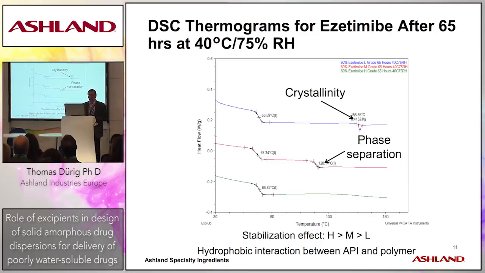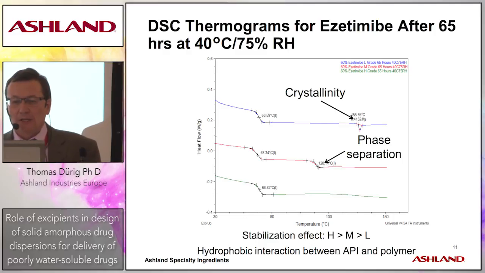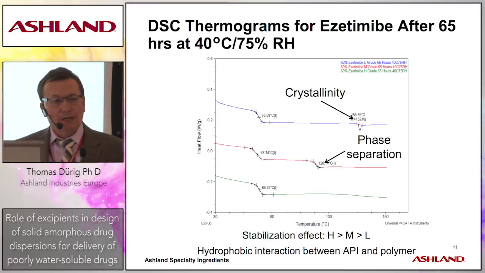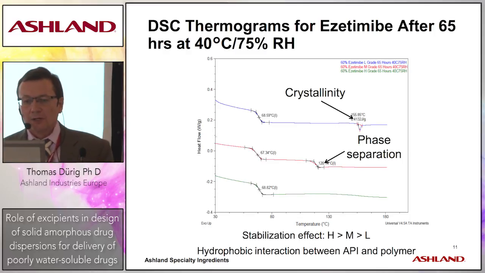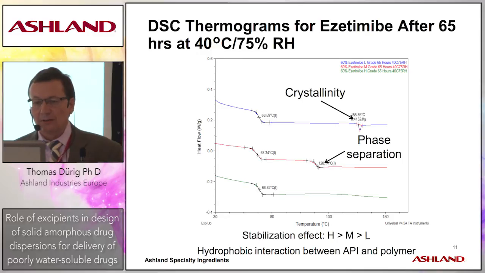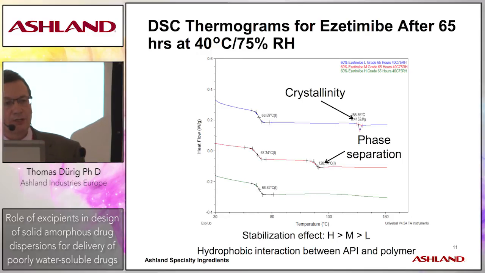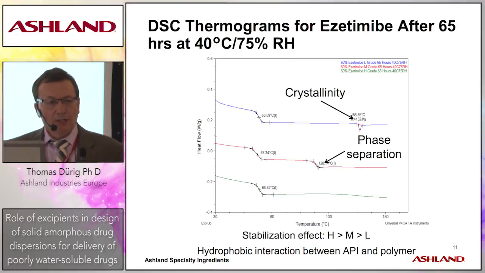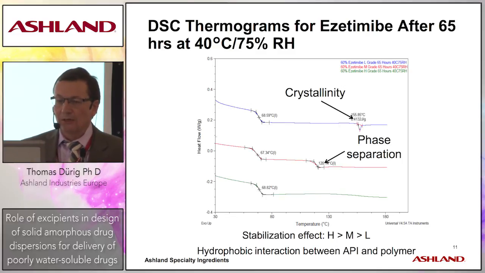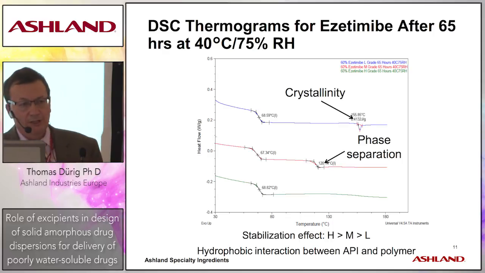So first of all, in terms of stability in the solid state, we tend to run these at accelerated conditions for different lengths of time. So one of the standard tests is crystallinity or ability to withstand recrystallization in an open environment for 65 hours at 40 degrees centigrade, 75% relative humidity.